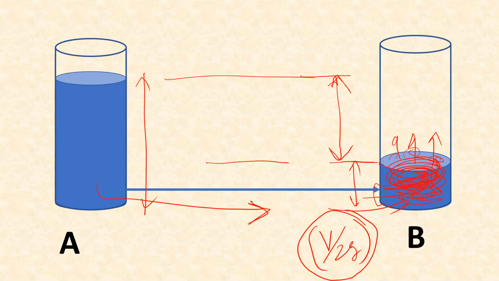So the disturbance or the turbulence that was caused because of the velocity will slowly die down, and that energy will be dissipated into the surroundings by means of heat, vibration, or sound, and this small amount of evaporation. So that's why we say that the head is actually lost when we have a high velocity.